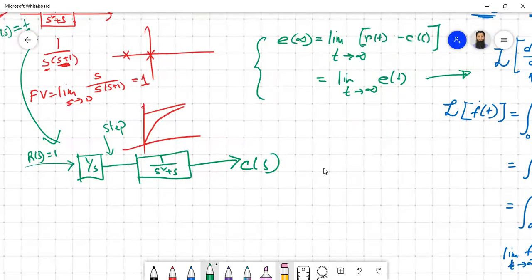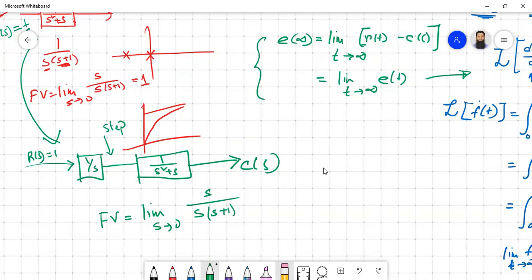Now, if we find out the final value, it will be limit S tends to 0, S into, okay, also for the input we have another S, and S plus 1.